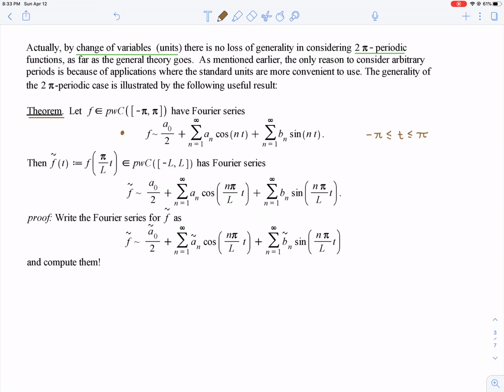And so if we take pi over LT, those t's will be going from minus L to L.